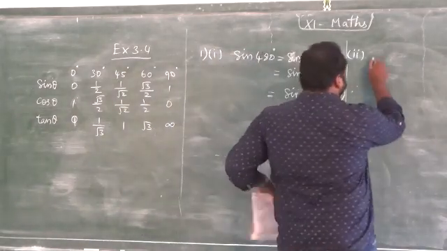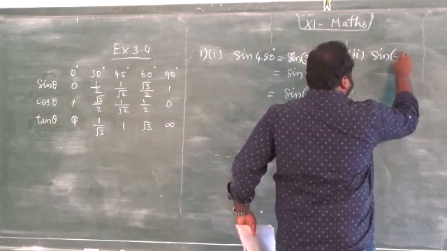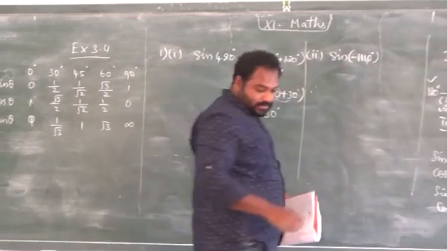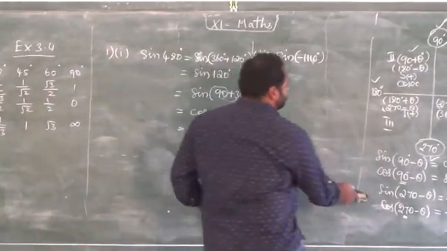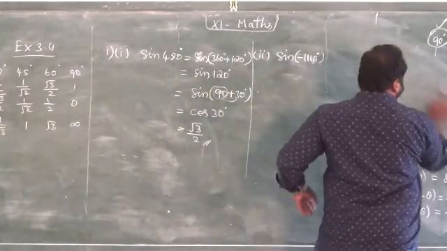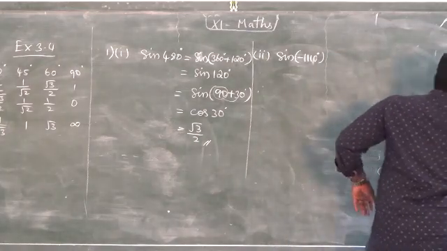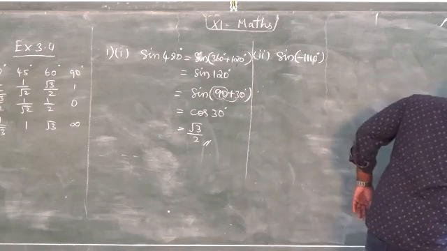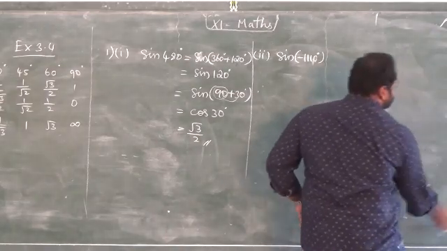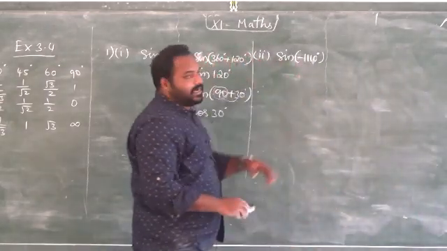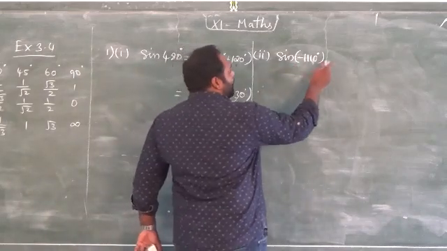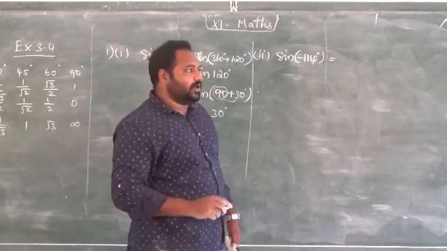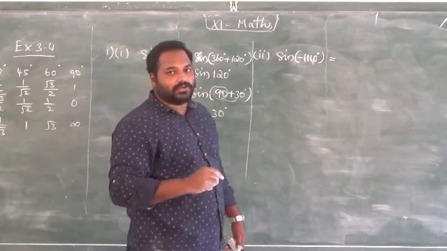Sin of minus 1110 degrees. At the beginning of this class, I gave the definitions for negative values in the arguments, I mean negative angle values. I told you sine is an odd function, and there are two even functions.